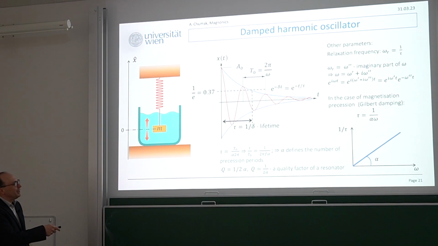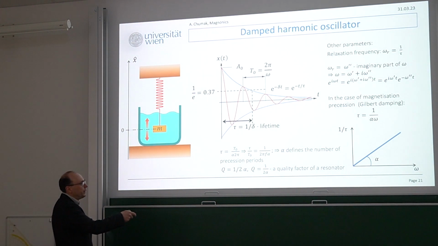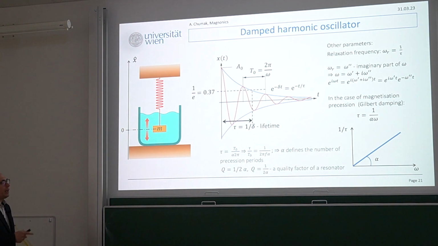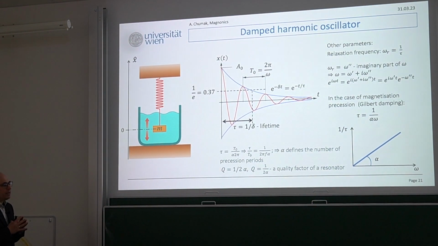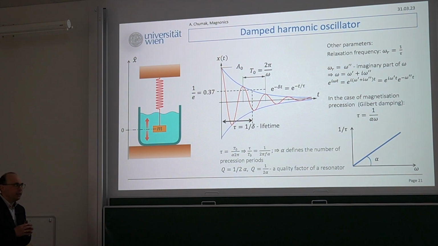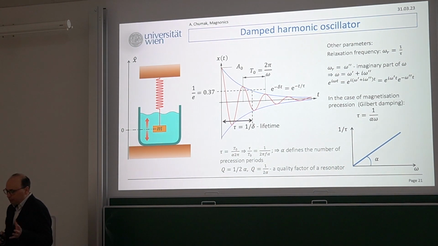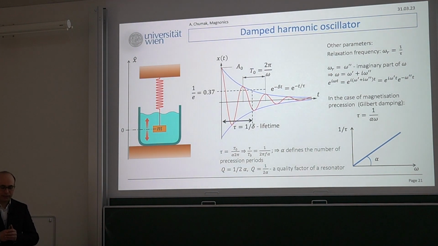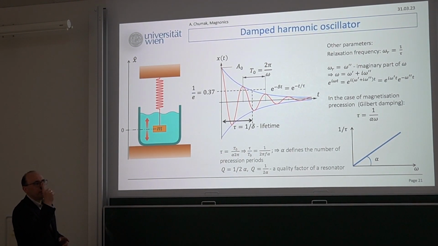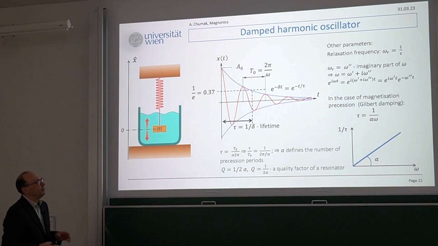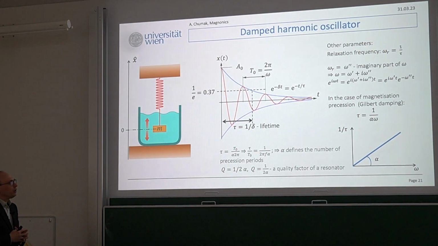F is already in T0, so it is 2 pi over alpha. So it means that this ratio is more or less proportional to 1 over alpha. That's what I said, that alpha does not depend on the frequency. So if your alpha is, let's say for simplicity, 10 to the power minus 3, it means that there will be around 1000 periods before your amplitude goes to 1 over e, more or less, with accuracy to some little constant.